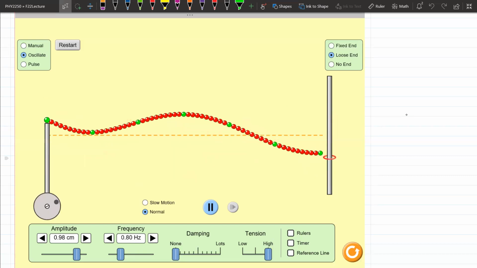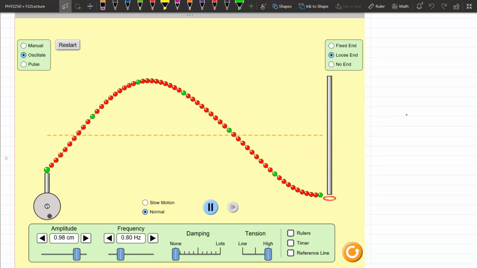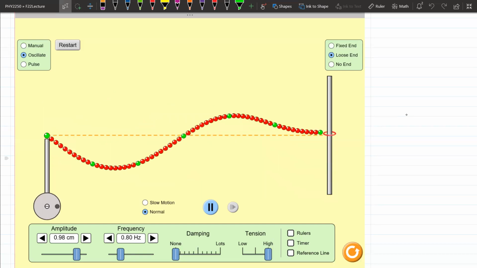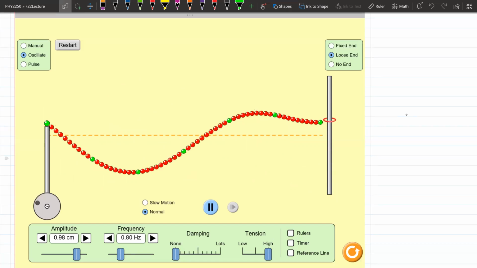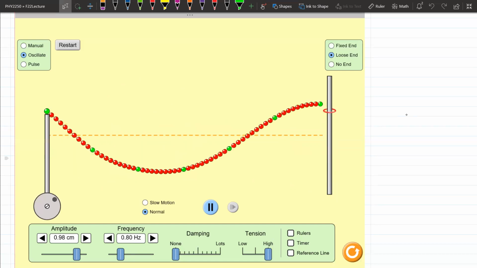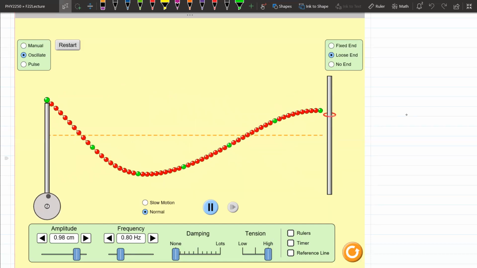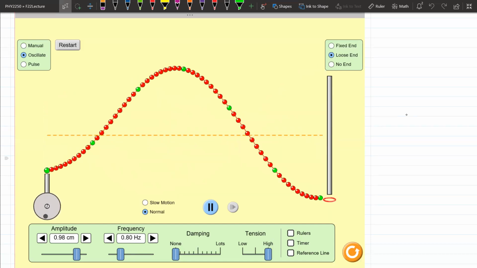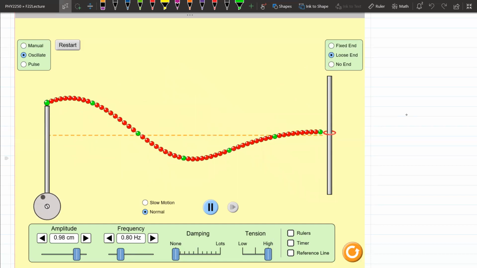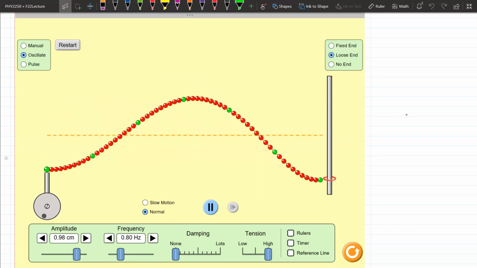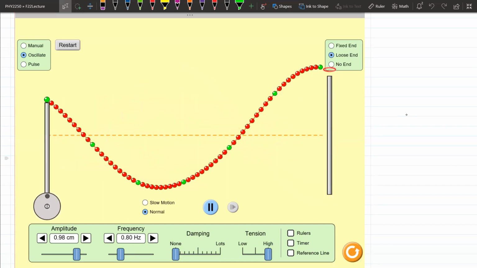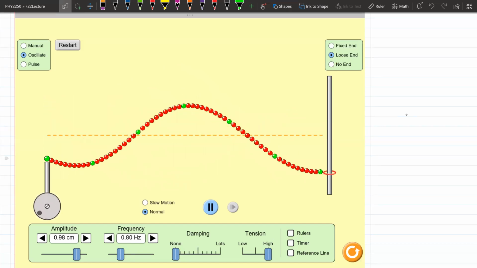Do you see anything special about this wave? Anything different from the previous one, where it's a wave that's moving to the right? The wavelength is longer, great. But do you see a wave that's moving to the left or right? Yeah, it stays in place. And these are known as standing waves.